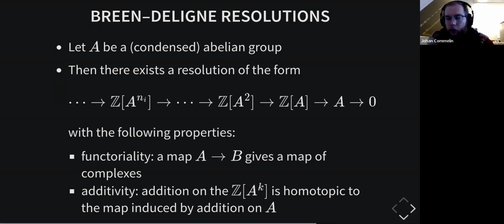It's a freely generated group, so there is an addition map on that. On the other hand, this functoriality means that the map from A squared to A, the addition map, will also induce a map of complexes. And those two maps are not going to be the same, unless A is trivial, I guess.